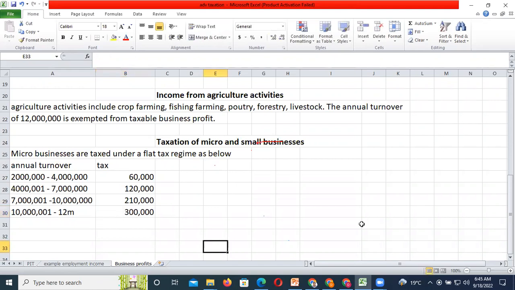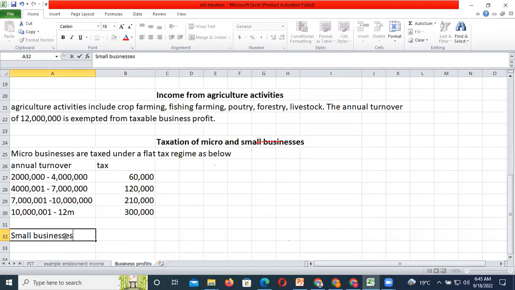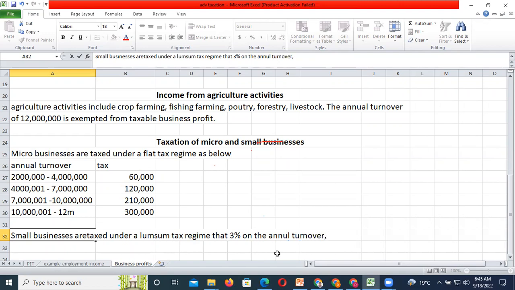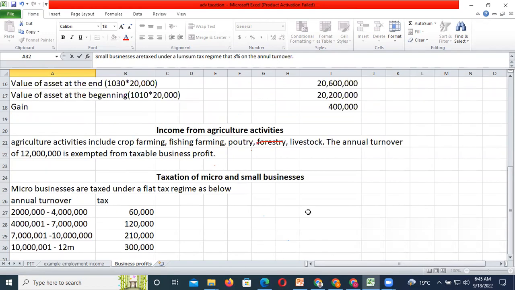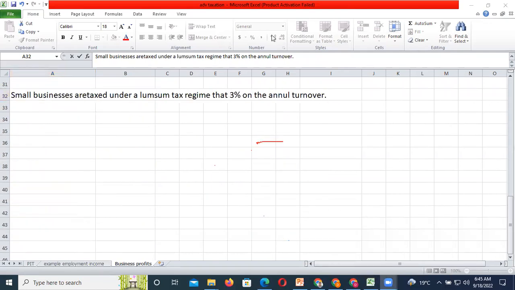Then when you go to small businesses, small businesses are taxed under the lump sum regime. That is 3% on the annual turnover. What will be the flat tax above 12 million?